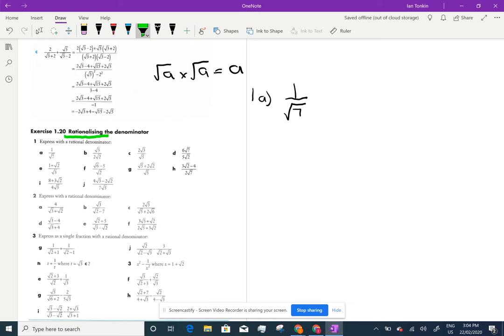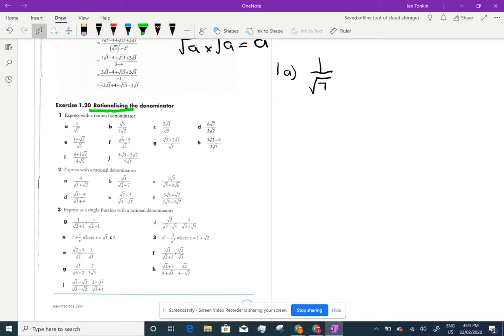Now, all that rationalising the denominator means is that we're going to get the denominator to be a rational number. That helps us with simplifying algebraic fractions with surds in them, which is what this is all about.